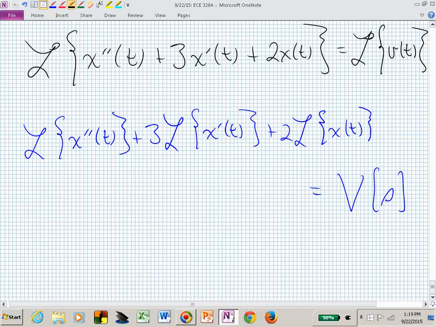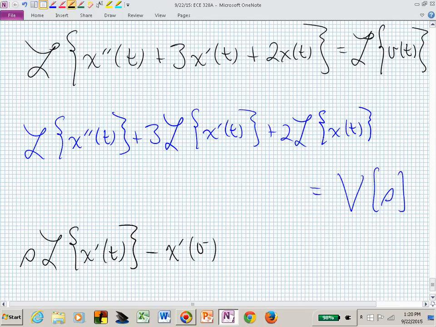Now, we just learned or derived how to Laplace transform a derivative. Now we have a double derivative. Well, let's just think that's a derivative differentiated. What would be the Laplace transform of a derivative? That's s times the Laplace transform of the original waveform, which in this case is just one less derivative than what we had, minus the initial condition of that waveform at 0 minus.